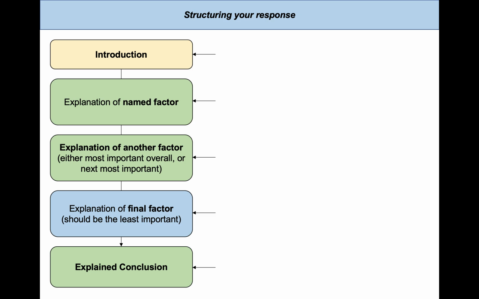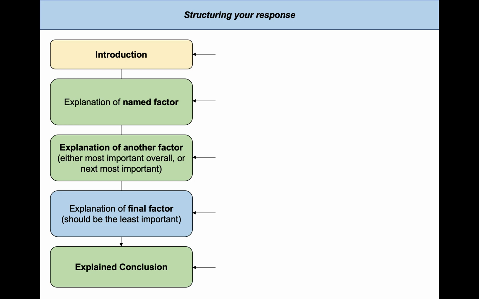Now, I've thought about what I know about the question, and I also have a general idea of how I'm going to plot it out. My next step is to make sure that I'm structuring my response well, because the structure of your response can have a real impact on the grade and mark that you receive. So on the left-hand side of the screen here, you can see the best structure to follow for this type of question.